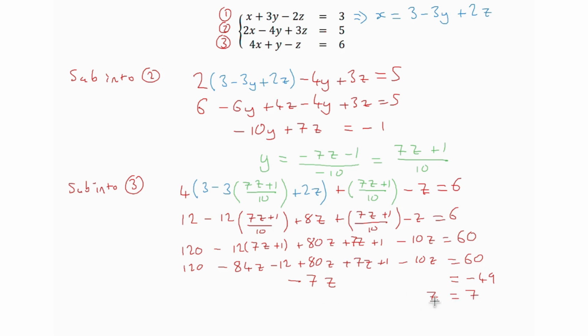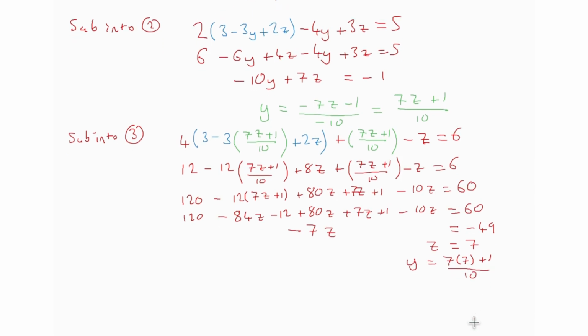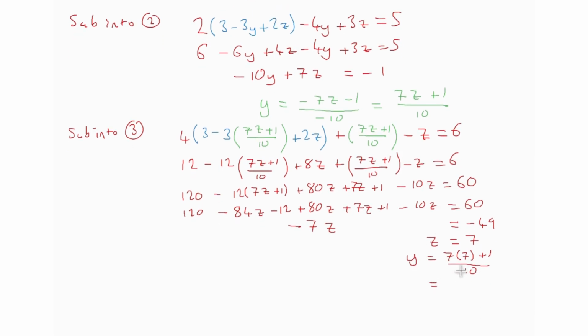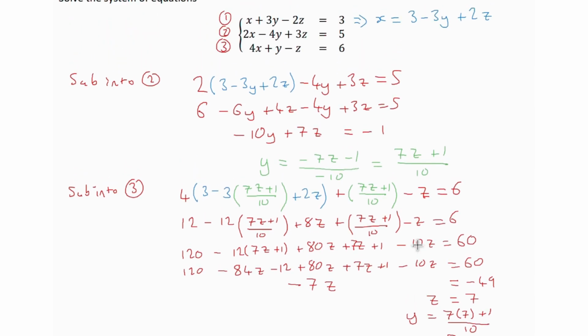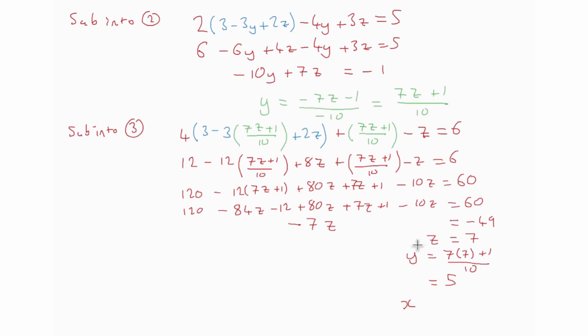Now I know z, I substitute that into the formula for y, which is 7 times 7 plus 1 over 10. That's 49 plus 1, 50 over 10 is 5. And then for x, I substitute into the one I had right at the top, which I also have in blue here so I can see it.